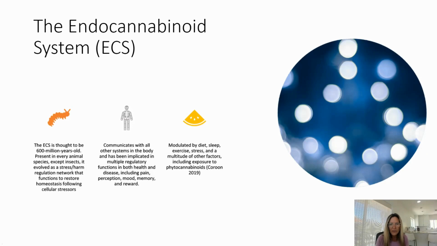When we look at the idea that the cannabinoids could benefit sleep, we definitely can establish a very, very plausible mechanism of action, because if you consider the endocannabinoid system, right? The endocannabinoid system is present in every animal, it's integrated throughout our physiology, and it is thought to have evolved from stress and harm regulation and helps the body get back to homeostasis.